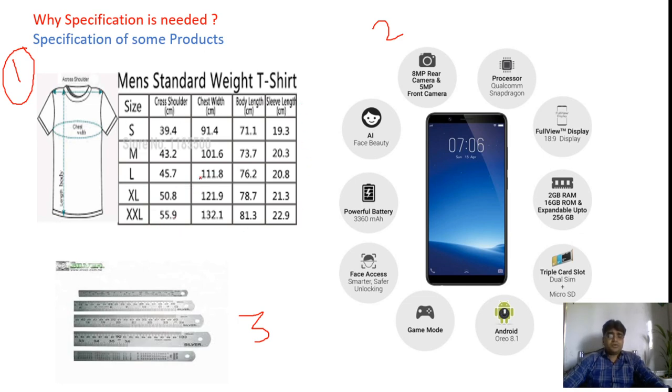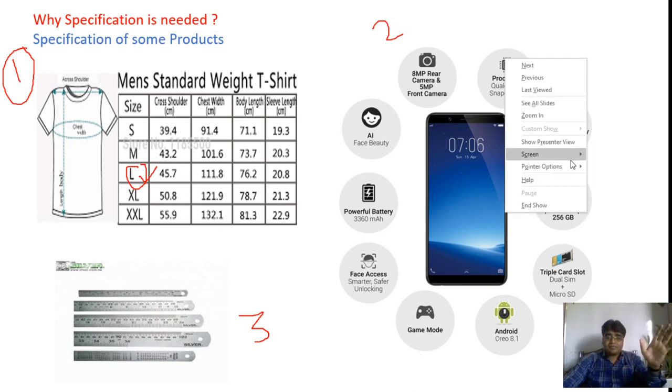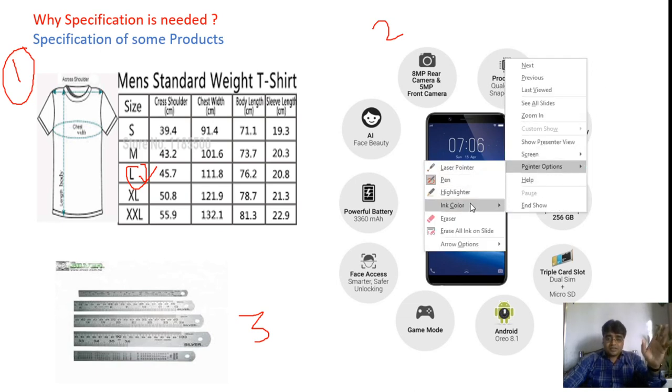If you visit any shop to purchase a t-shirt, you ask the shopkeeper, I need an L size t-shirt. You are going to specify the size of that t-shirt by mentioning that you need L type.